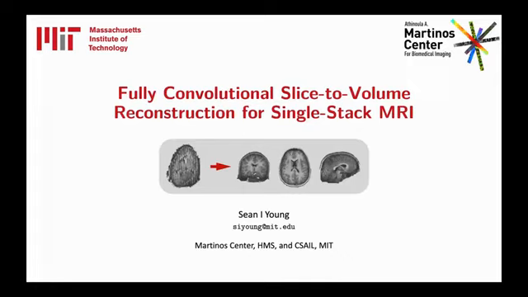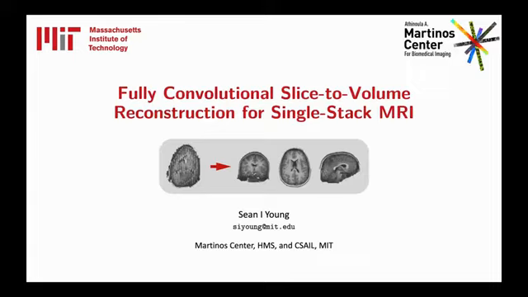My talk is entitled Fully Convolutional Sliced Volume Reconstruction for Single Stack MRI. Basically, this is a one-minute version of my entire talk. You have a stack of 2D MR slices. There are situations where you have to have acquisitions like this, and this is a mostly axial scan acquisition.